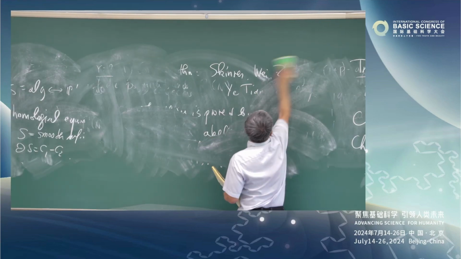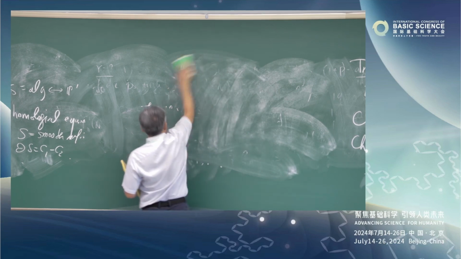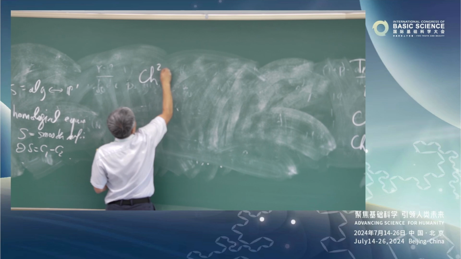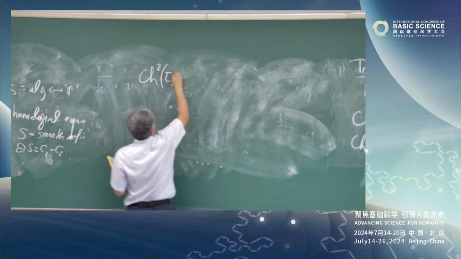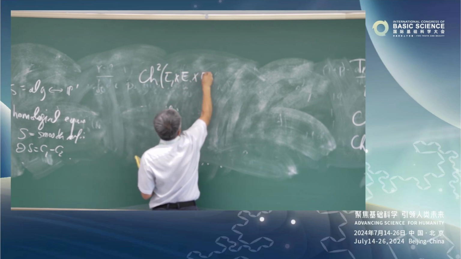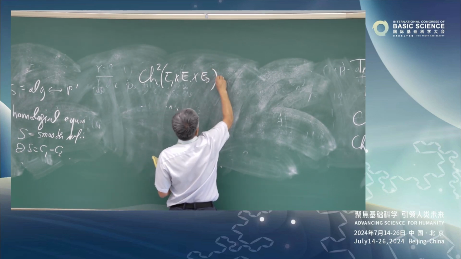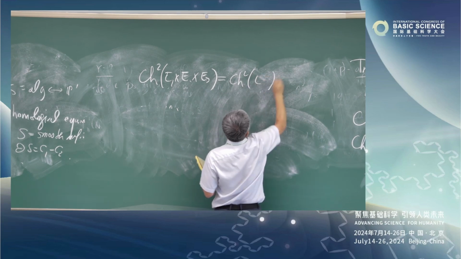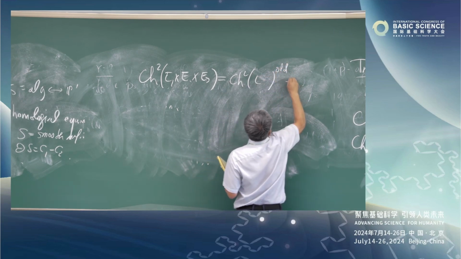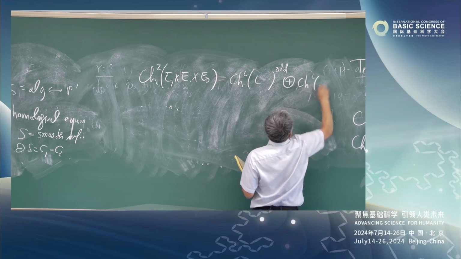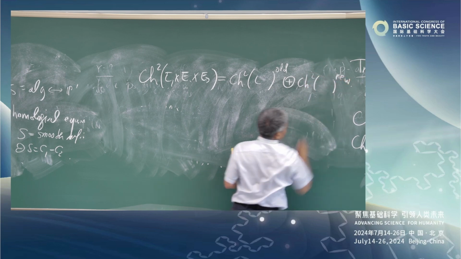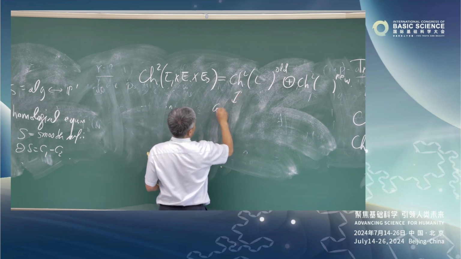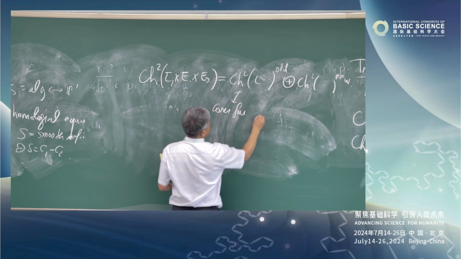Inside the space there is the old part. So let me write down CH of E1, E2, E3, which is equal to the old part plus the new part. By the old part I mean the space that comes from products of lower-dimensional cycles.